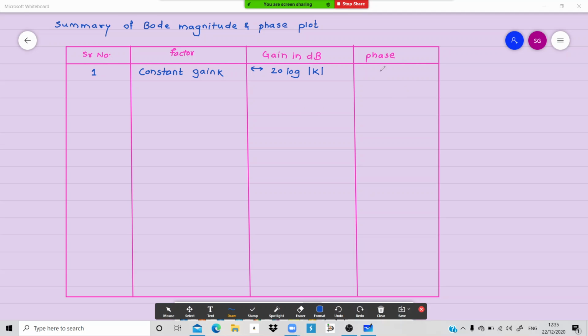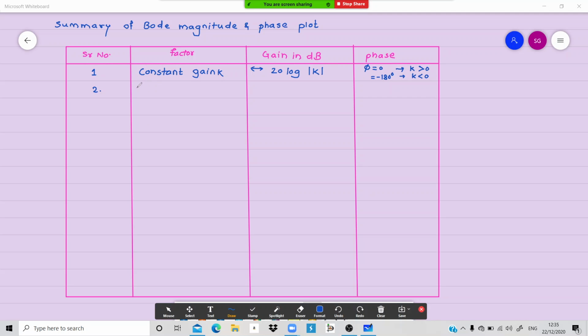And for angle we had seen that phi is equal to 0 when your K is greater than 0, and it was minus 180 when your K was less than 0. Correct?